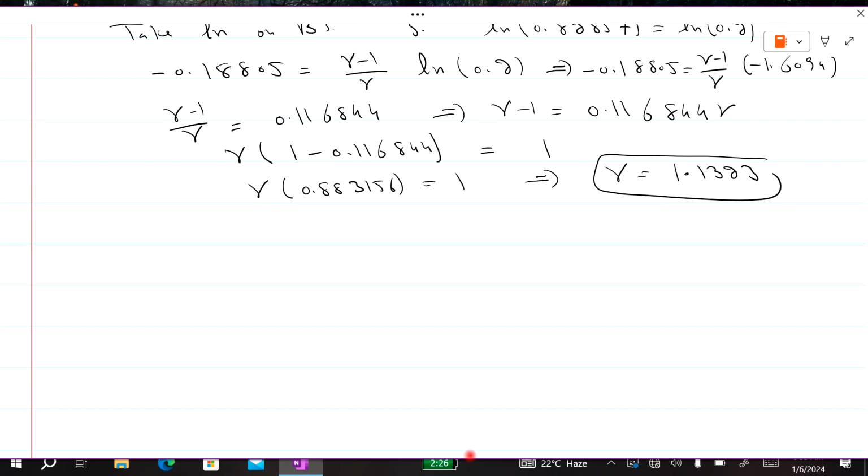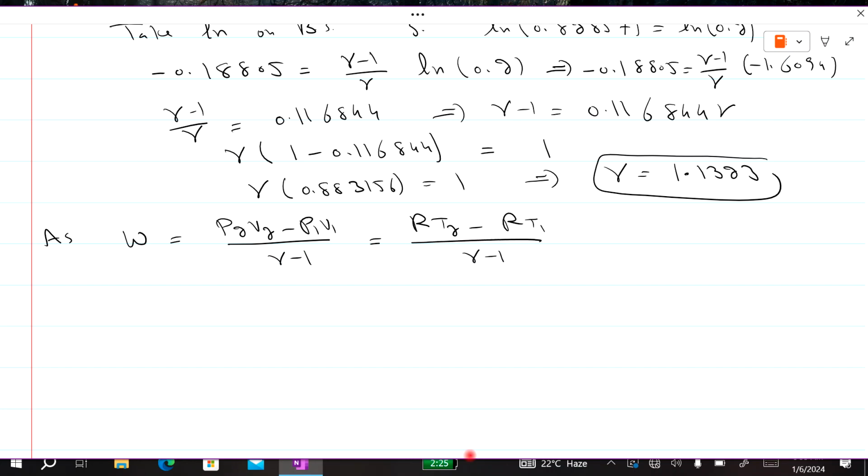Now we are finding R. As we know, adiabatic work W is equal to P2 V2 minus P1 V1 divided by gamma minus 1. P2 V2 is equal to RT2, P1 V1 is equal to RT1, divided by gamma minus 1.